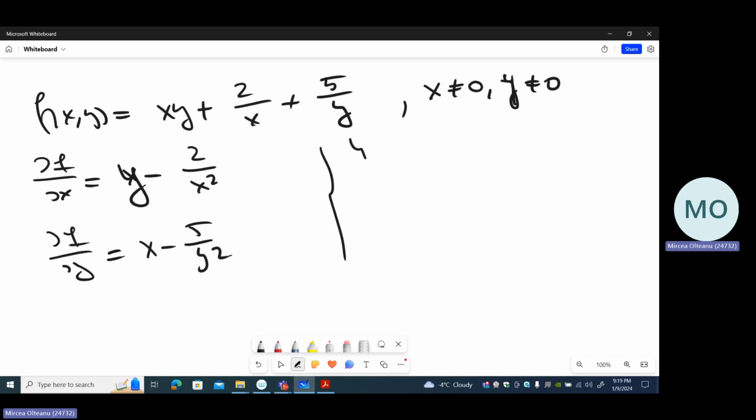Now the critical points. We have y equals 2 over x squared, and we replace it in the second equation. We get x minus 5 over 4 over x to the 3, x to the 4, sorry, equals 0.